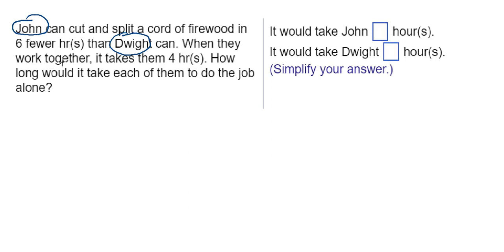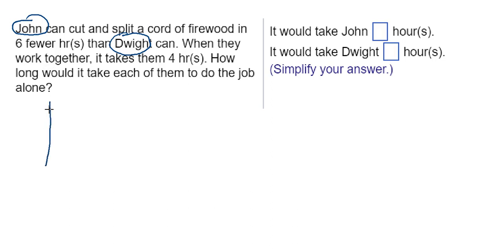So I think we just need to worry about 2 things here, John and Dwight. Because it applies to 2 different things, we should use a table to organize the information. We talked about this earlier in the course as well, right? If you have one formula, but it applies to more than one thing, a table is a very helpful way of organizing all the information and trying to fit it all together.